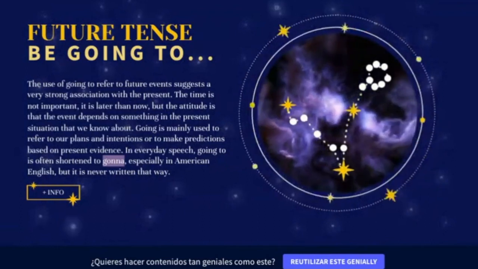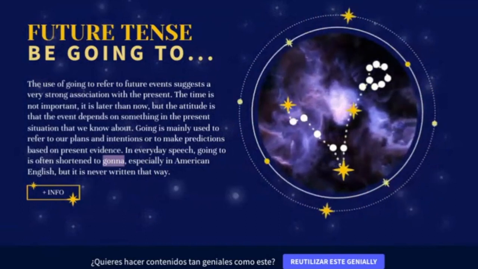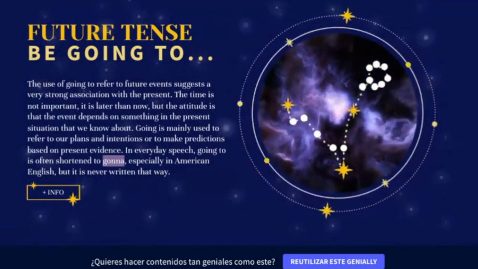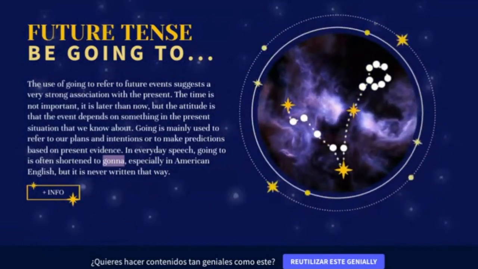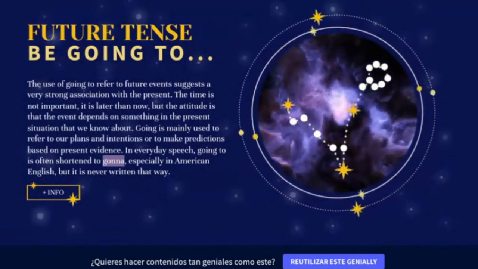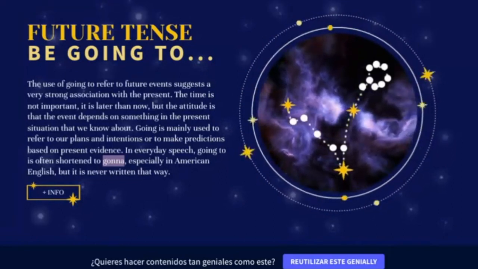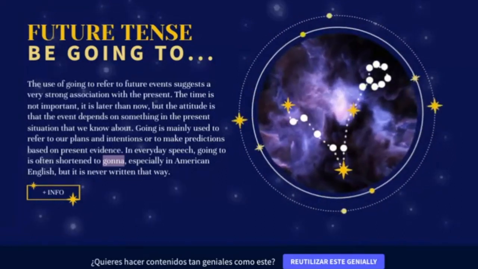¿Alguien más que tenga una duda? Sí, yo, teacher. Y al momento de decir gonna, no se modifica el verbo. O sea, si yo voy a decir I am gonna eat a sandwich... No, es eso mismo.